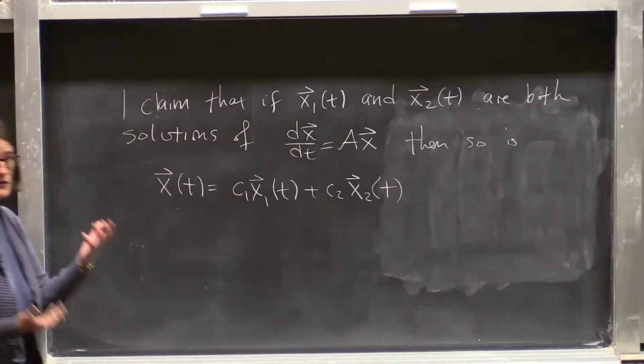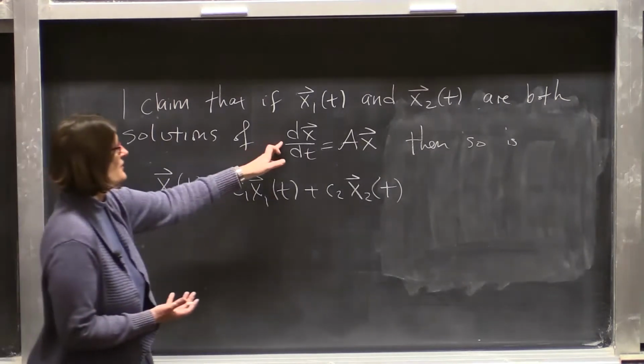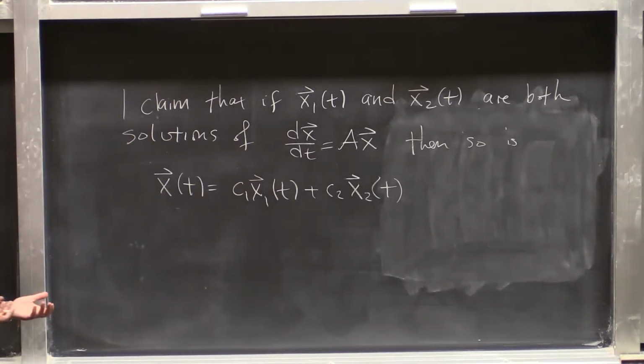So I claim if I have two different functions, they don't even have to be different, if I have two vector-valued functions that satisfy this system of linear equations, then any linear combination of them will also satisfy it.